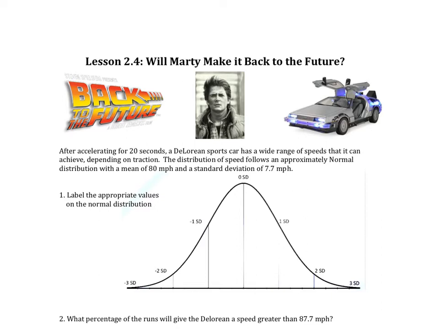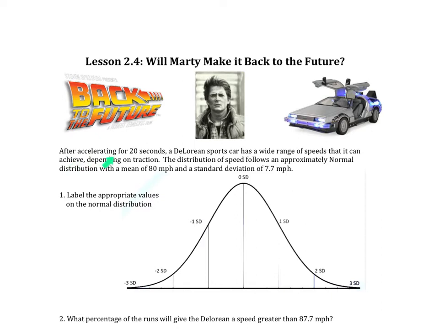Okay, so we're going to keep practicing, and these first couple of problems that we're going to look at deal with, we can still use the empirical rule. So we're kind of reviewing the empirical rule. But let's read the scenario, right?